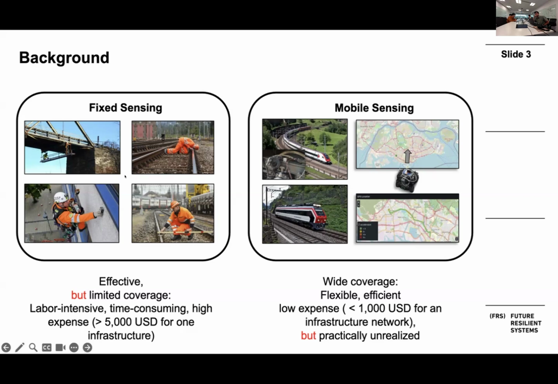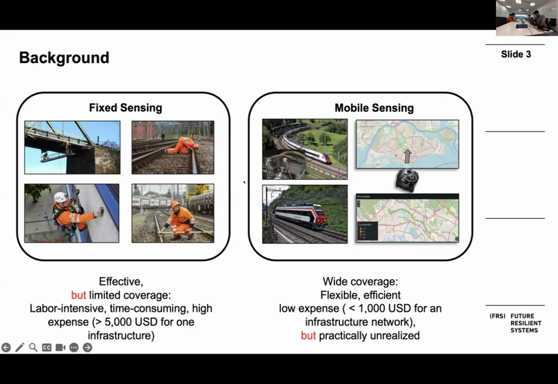Although this is already tested and mature for many individual structures, if you want to scale it up to many structures, it is infeasible because it is very labor intensive, costly and time consuming to deploy those sensors on many structures.